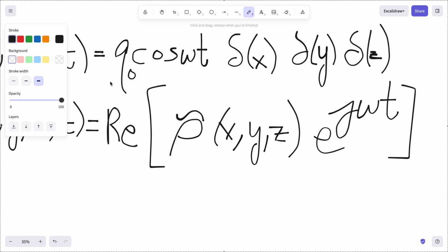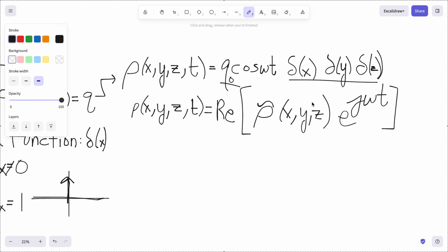Here the phasor rho could be described as Q naught delta x, delta y, delta z.